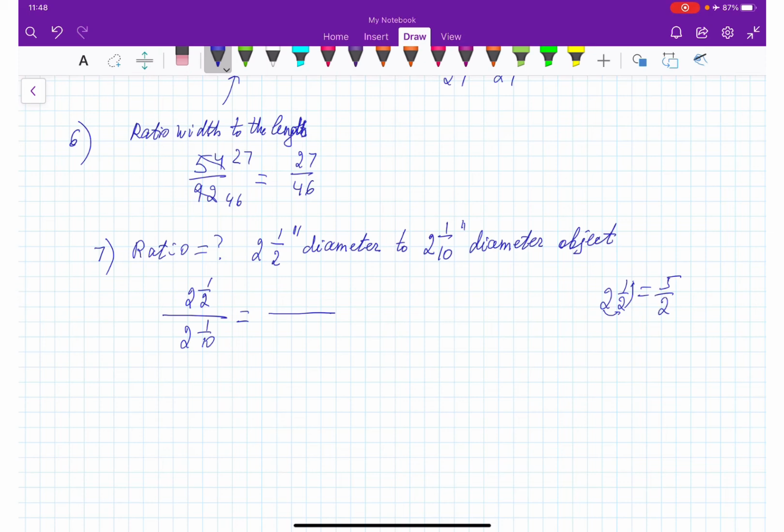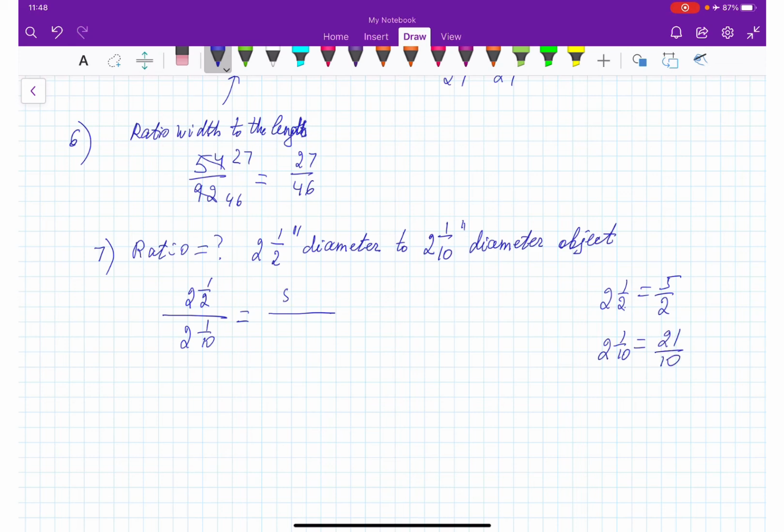And 2 and 1/10 is 2 times 10 is 20, plus 1 is 21 over 10.